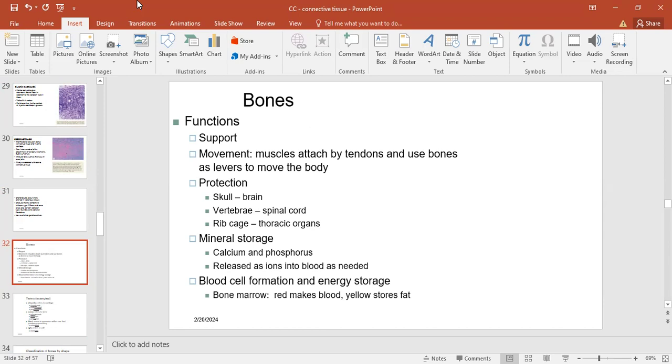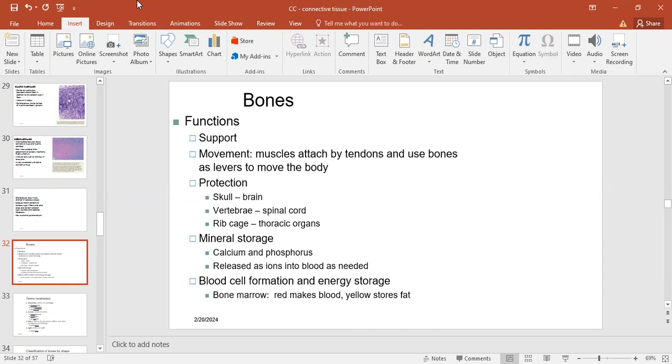Macromolecules such as glycosaminoglycans, proteoglycans, and things like multi-adhesive glycoproteins. All those are the things that make up the ground substance. So generally, that is what connective tissue is.